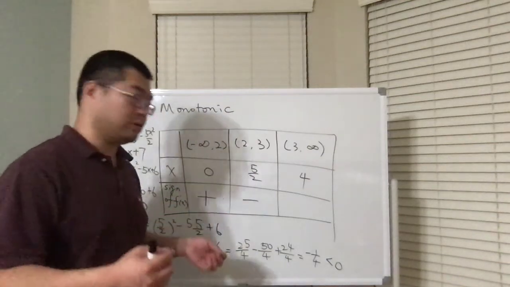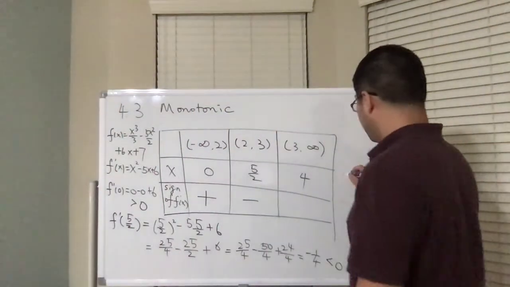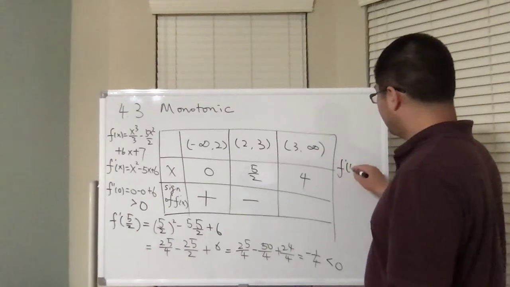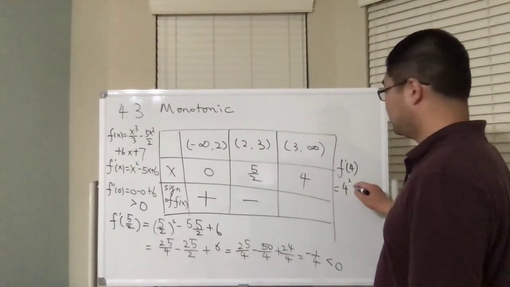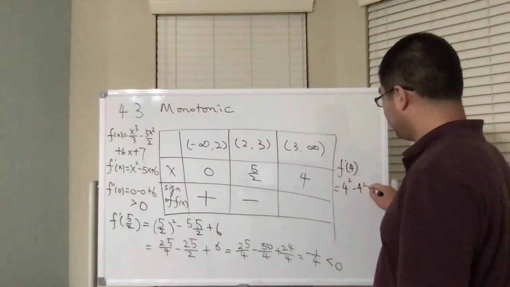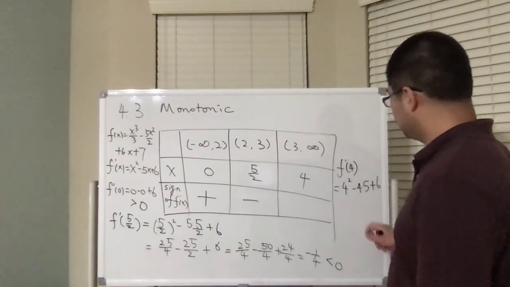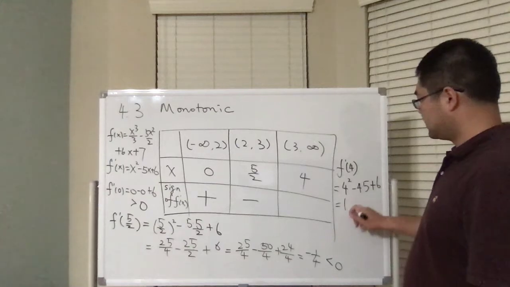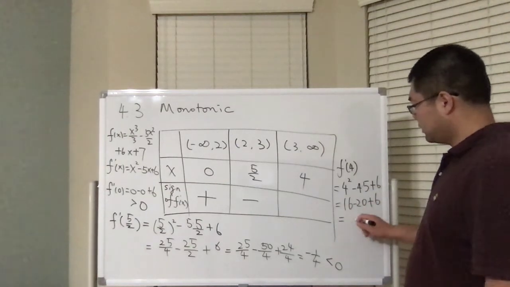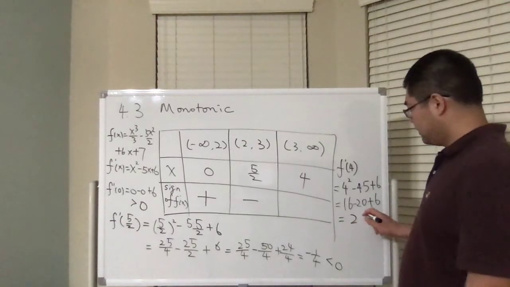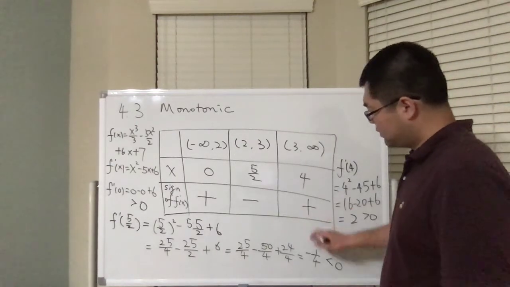And then f prime of 4, which is 4 squared minus 4 times 5 plus 6. So you can tell this is 16 minus 20 plus 6, and then you're going to have this as 2. It's positive. This is greater than 0.